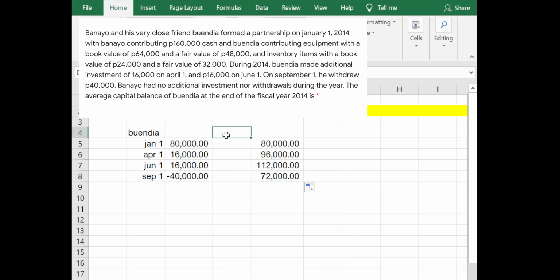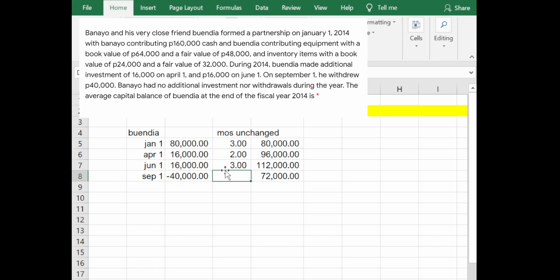Now, we count the months unchanged. From January 1 to April 1, that is 3 months: January, February, March. From April 1 to June 1, April and May, that is 2 months. From June 1 to September 1: June, July, August, 3 months again.